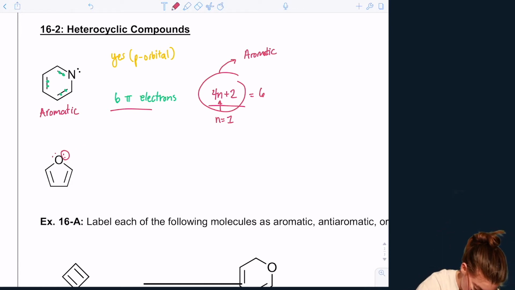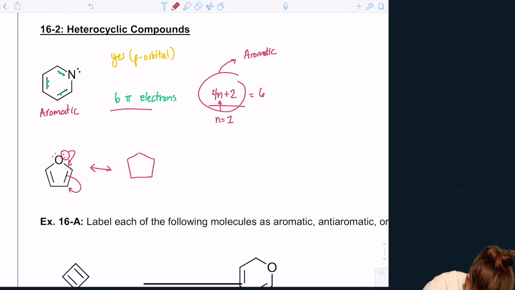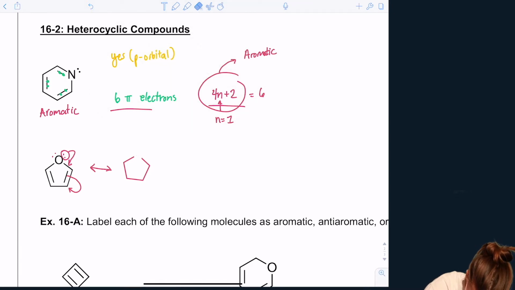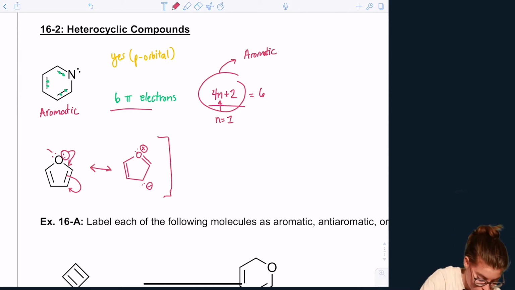So can this lone pair go into a bond, forcing this bond onto a lone pair on that carbon? The answer is yes, and there's also a resonance structure going the other way, but I'm not going to draw it.